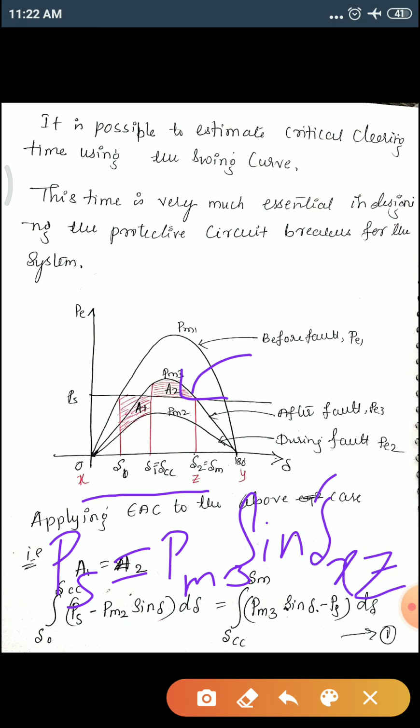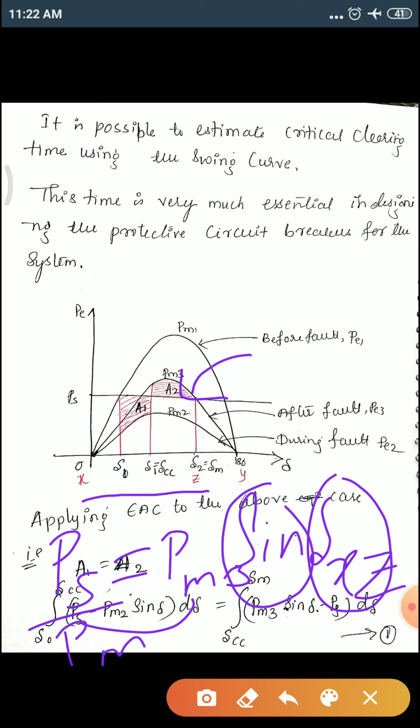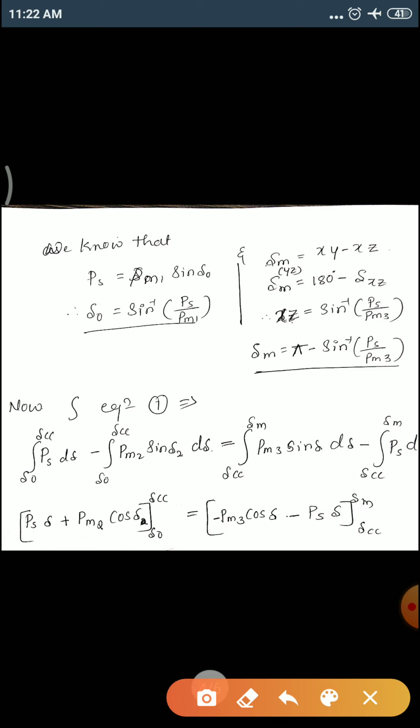We require delta xz, so you send PM3 to the other side first, so it will be PS divided by PM3. Then the sine, you send this side, and delta xz will be equal to sine inverse of PS divided by PM3.